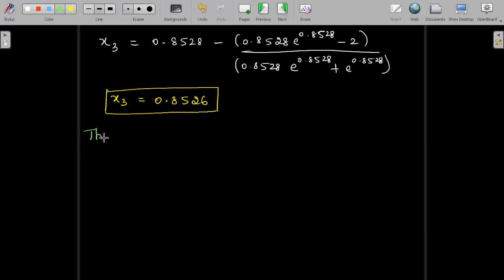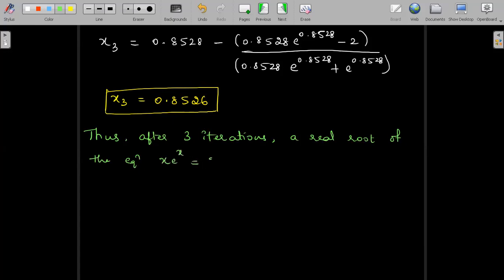So thus, after 3 iterations, a real root of the equation x e power x is equal to 2 is 0.8526.